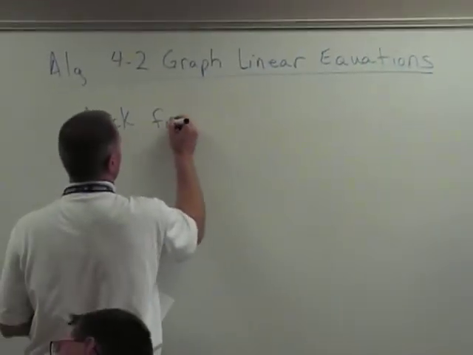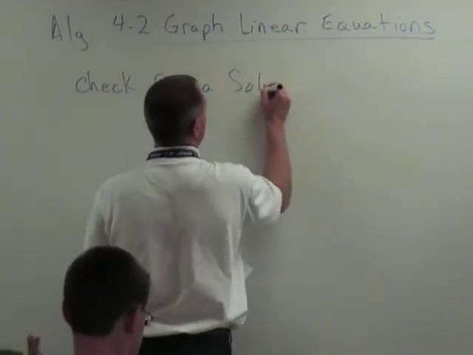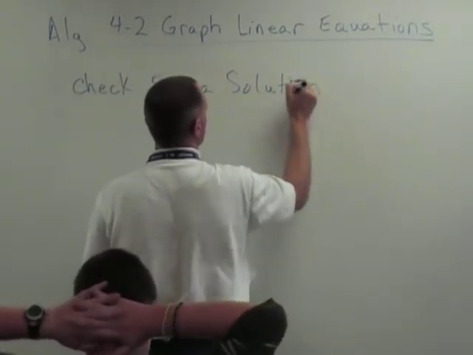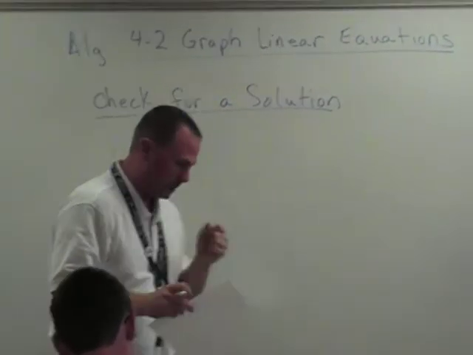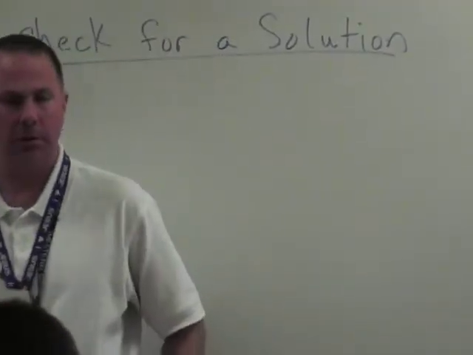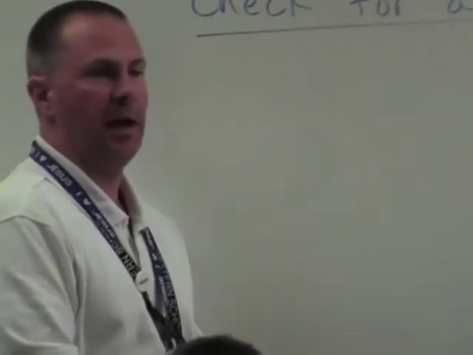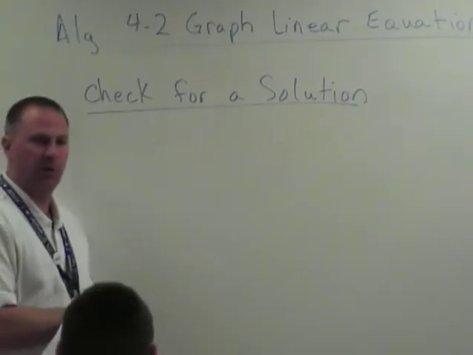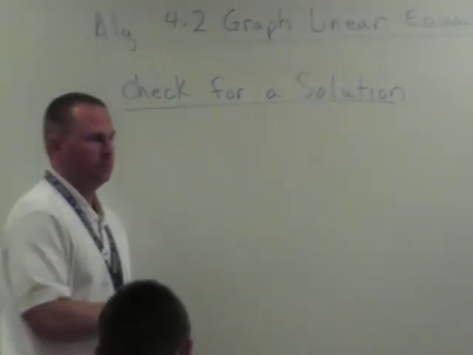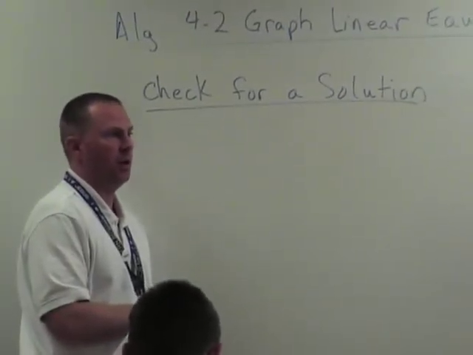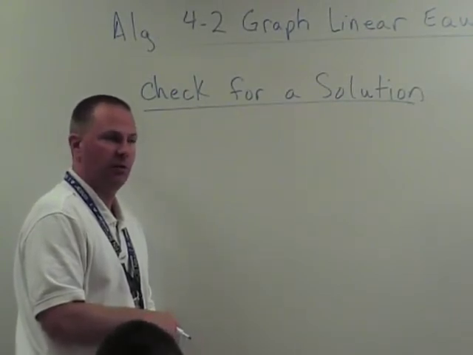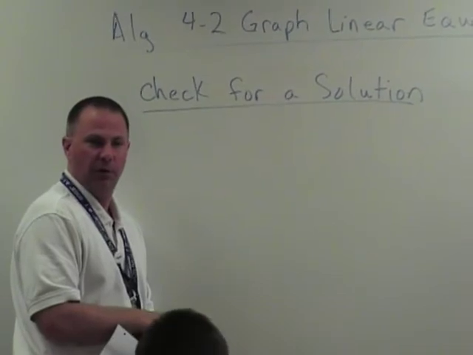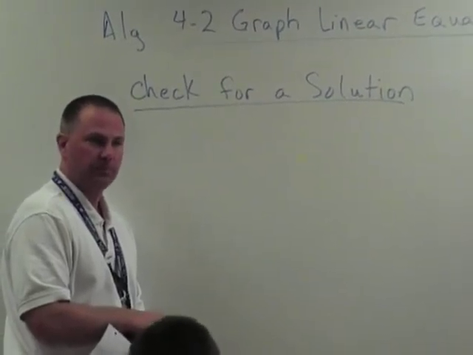What you're going to do is check for a solution. You're going to be given an equation and something to substitute. This goes all the way back to chapter 1, where you were given an expression or an equation with one variable and asked to solve it for a value to see if it worked.